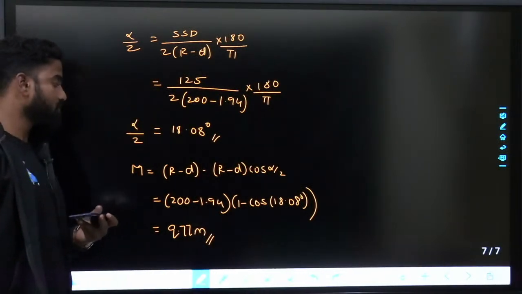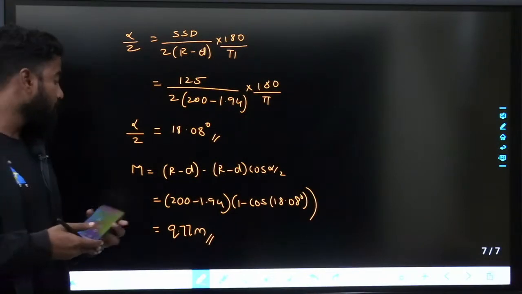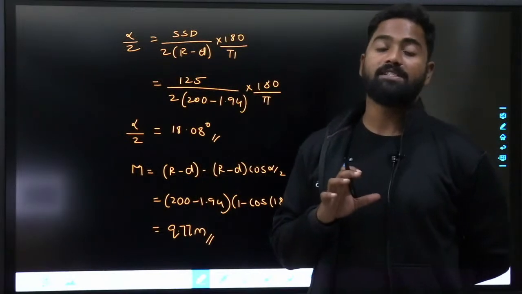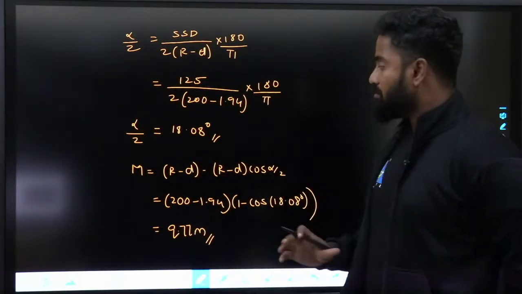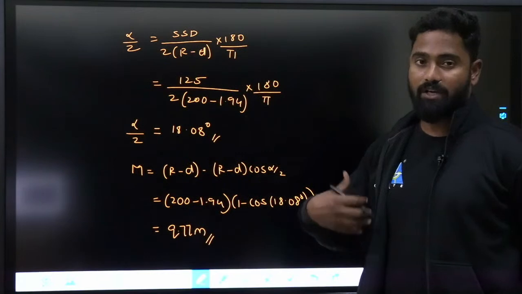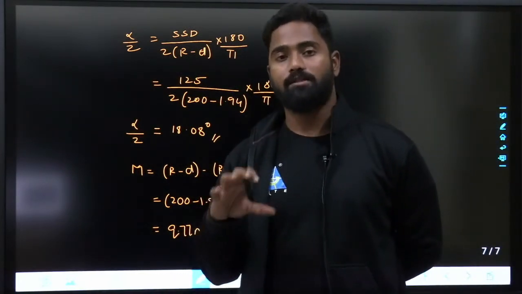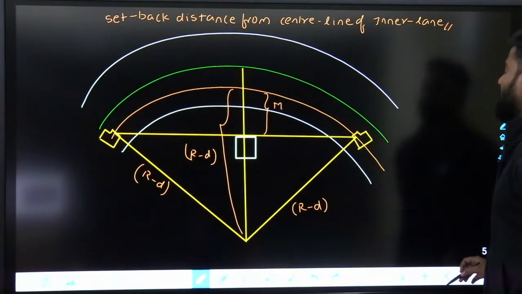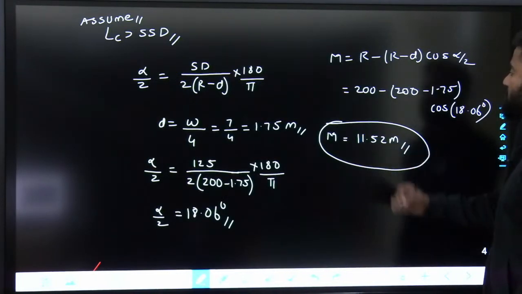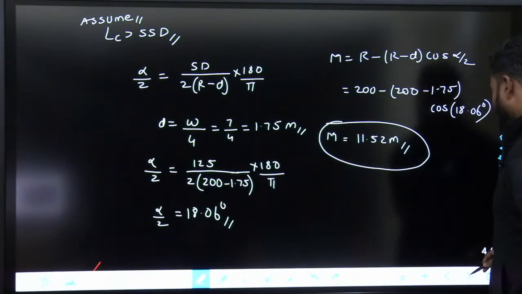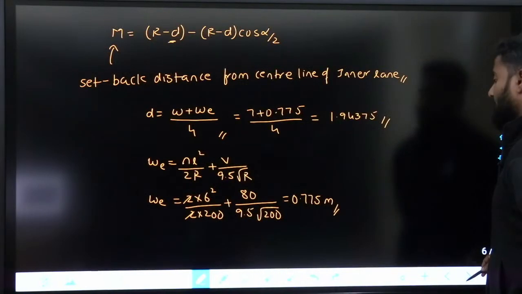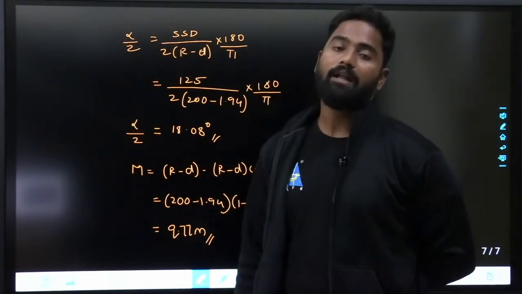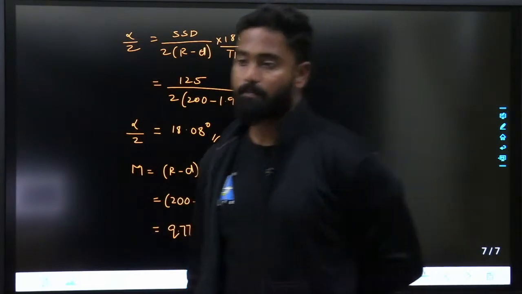This is how you will find setback distance when they ask it from the center line of inner lane. Be very cautious. If they simply ask what is the setback distance, then you calculate from the center line of the road, which is 11.52 meters. If they ask from the center line of inner lane, then it would be 9.77 meters. Any doubts in this, you can ask me.